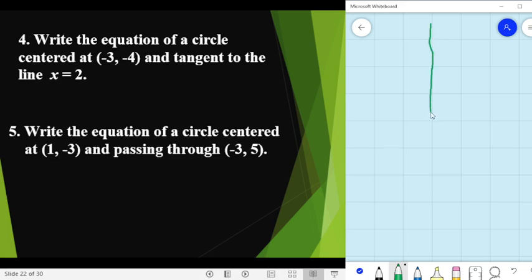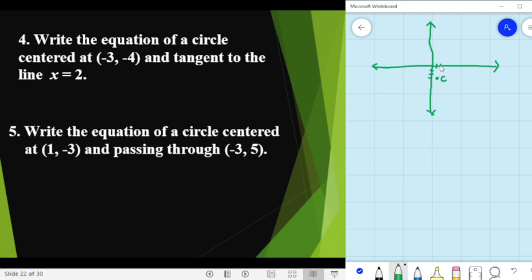So if this is the Cartesian plane, we have the center 1, -3, which is in quadrant 4. So 1, 1, 2, 3. So this is where the center of the circle is. And it is passing through -3, 5.